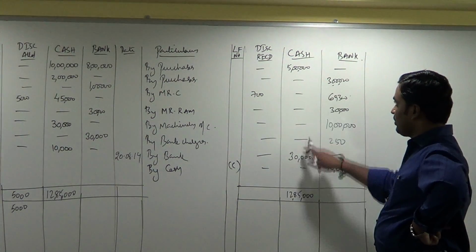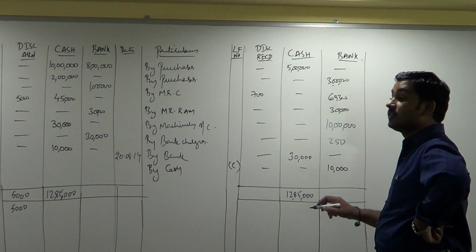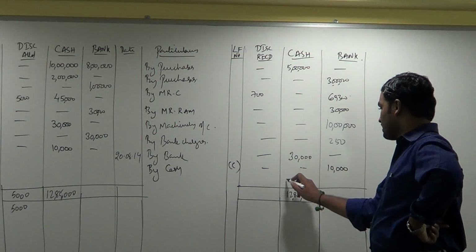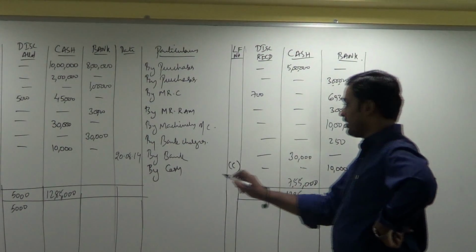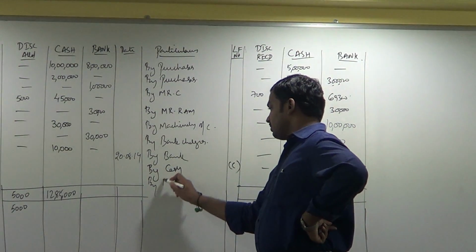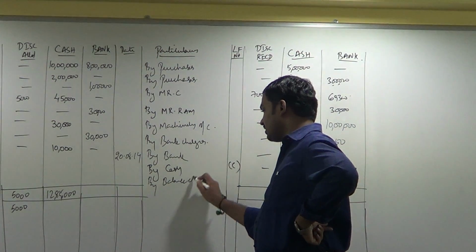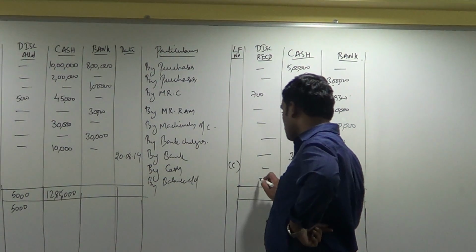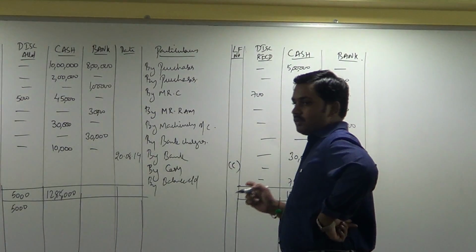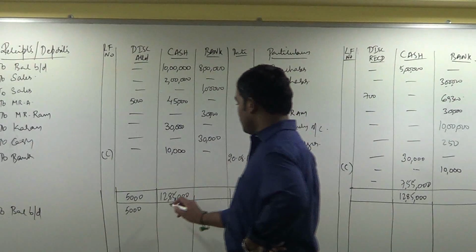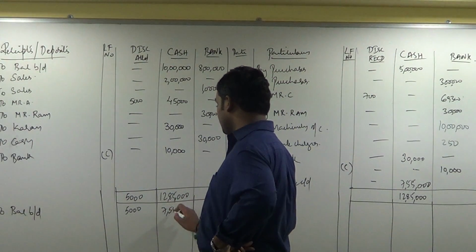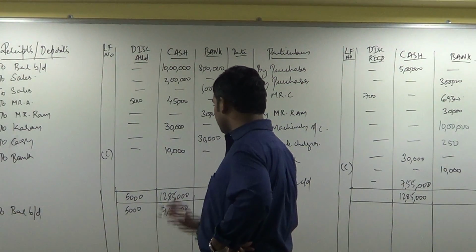Subtract these two items and tell me how much is the balance left. 7,55,000. What will you write here? By balance carried down. Now this should be brought to the higher side. 7,55,000.